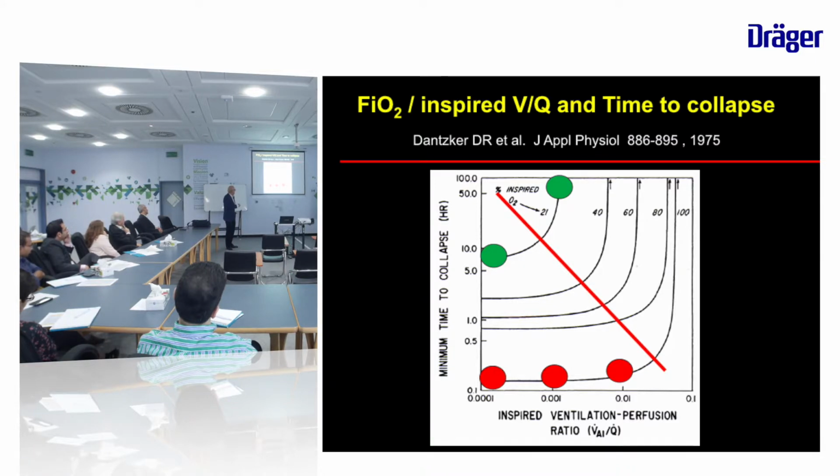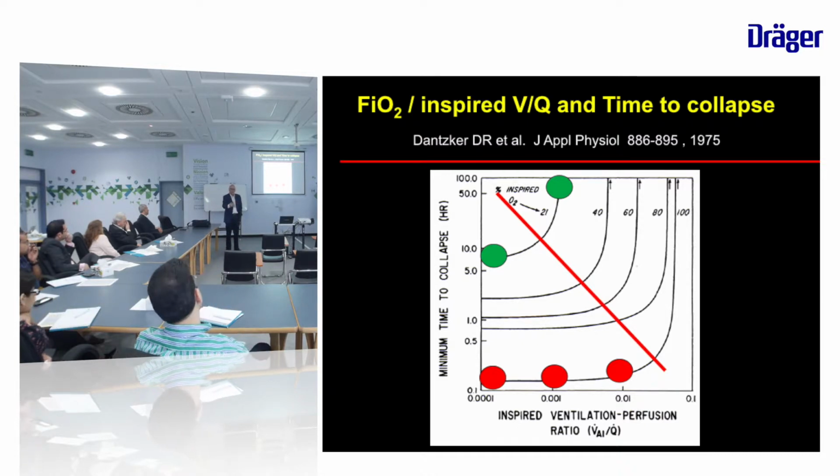If you have a relatively low one, it takes hours before you collapse. So the higher the amount of FiO2, and the lower the VA/Q, okay? So the higher the amount of atelectasis, you promote even more atelectasis.